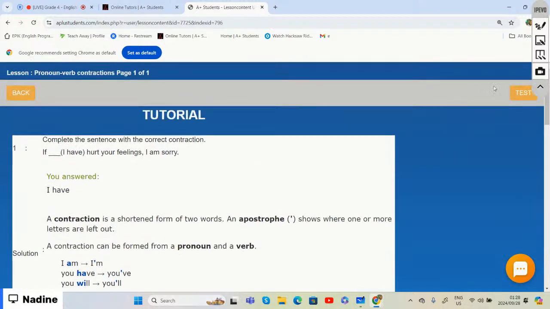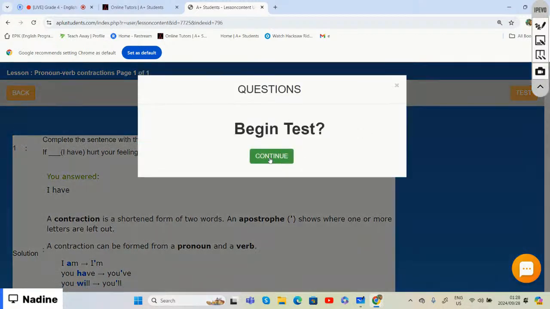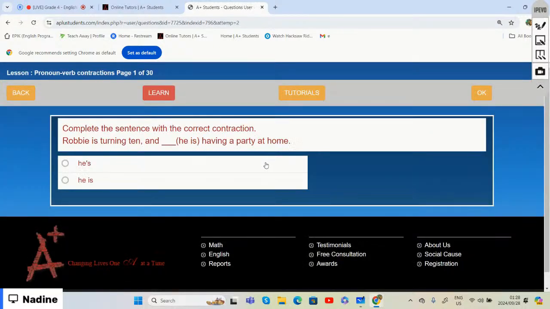All right, so now we're going to our test. We need to complete the sentence with the correct contraction. So it says Robbie is turning 10 and we need to shorten these two words.